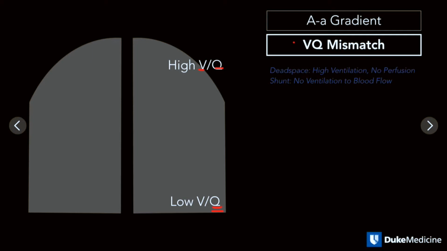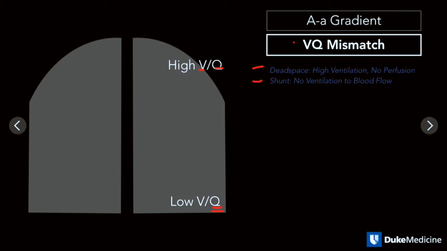So there is some VQ mismatch in all lungs, but when that is out of proportion to maintain oxygenation is when you get hypoxic respiratory failure secondary to VQ mismatch. And there are extremes of this. Dead space refers to where there are high amounts of ventilation, so air is reaching the alveolus through the airways, but there's no perfusion of blood flow.